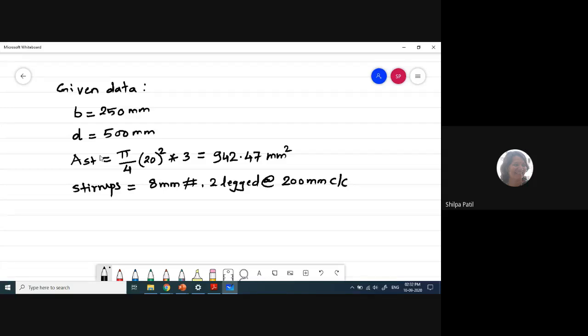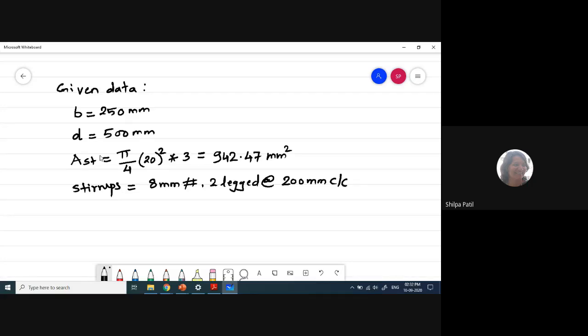Now, what is expected to calculate? Capacity of the section. Am I right? That is, calculate the shear strength of the support section. It means we have to calculate the capacity of the section to resist the shear.